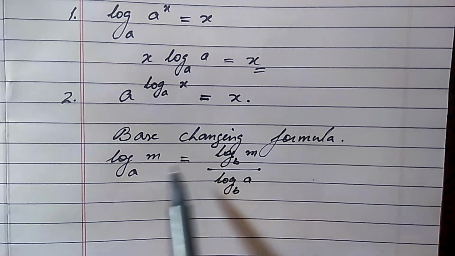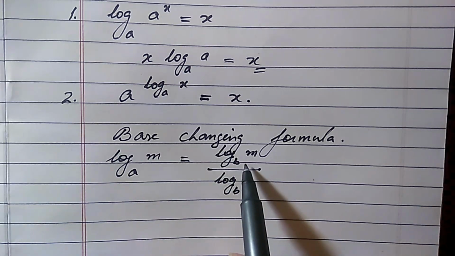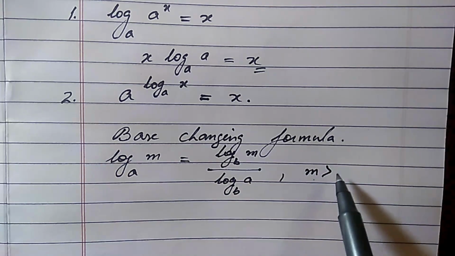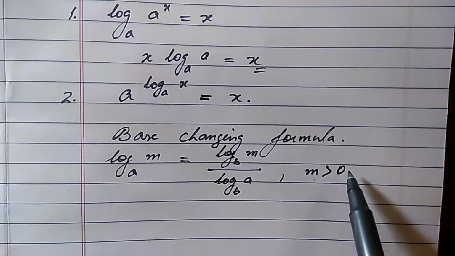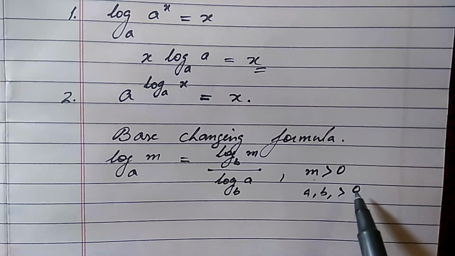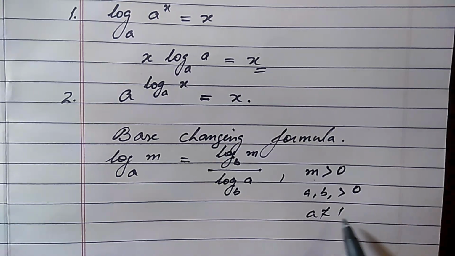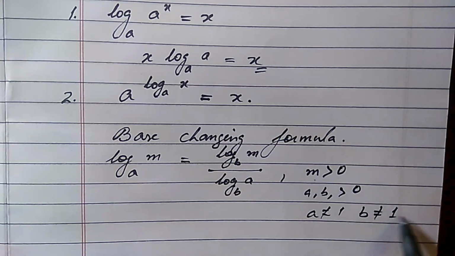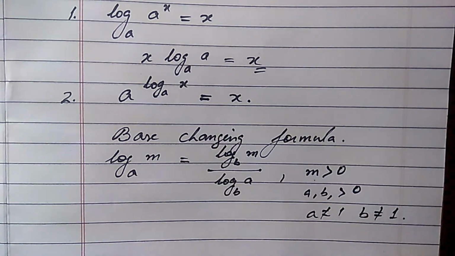So here we have changed the base from a to b. Remember, in this case, m has to be greater than 0, and a and b also have to be greater than 0 and should not be equal to 1. That means a cannot be equal to 1 and b cannot be equal to 1.